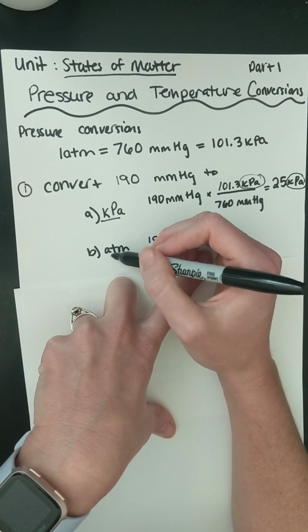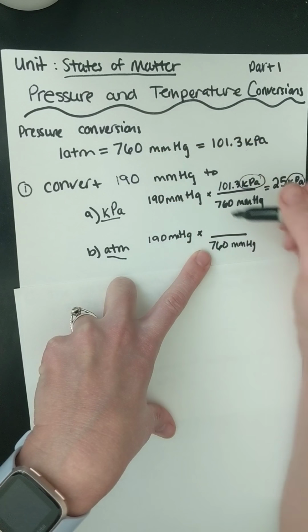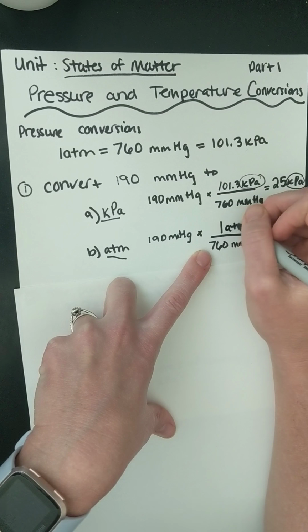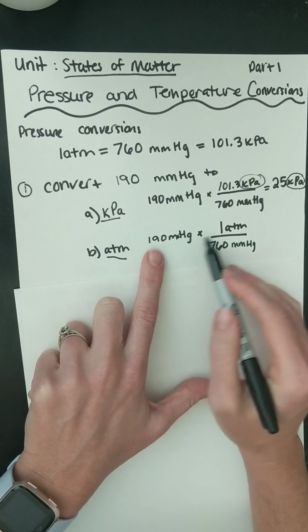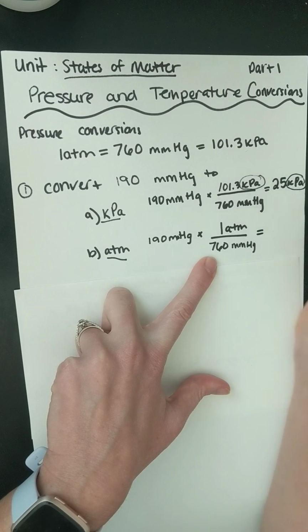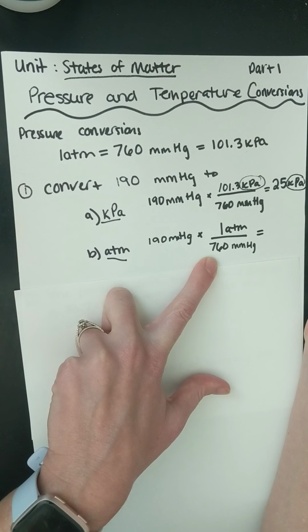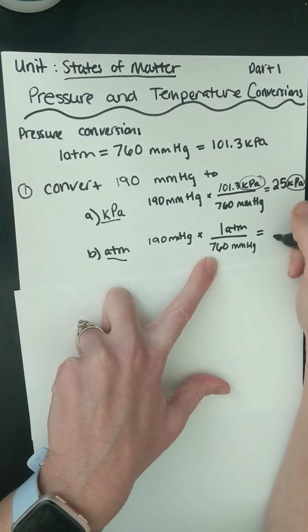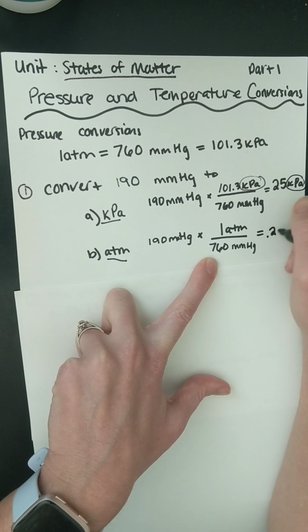Because I'm solving for atm. So atm is for every 1 atm. So 190 times 1 is just 190. Divide that by 760. Pause and see if you can get the correct answer. You should have gotten 0.25 atm.